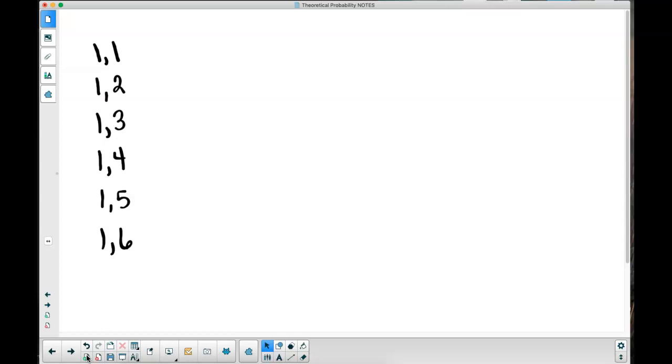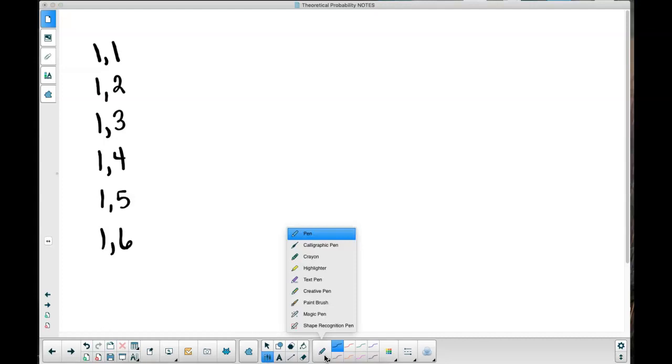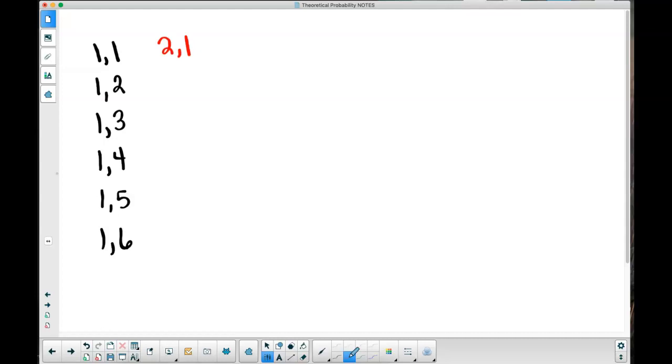So what would the next column look like? Caleb: 2 and a 1. That's what I'm going to start with. So I could roll a 2 and a 1, and then a 2 and a 2, 2 and a 3, 2, 4, 2, 5, 2, 6.